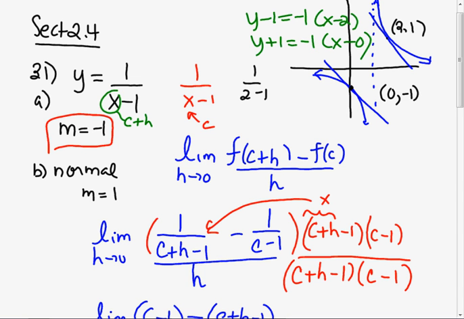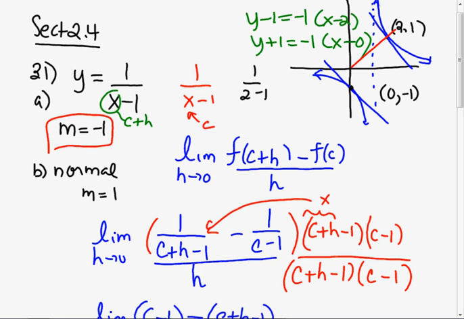Now, if they want the normal, I'm trying to understand if that's the normal, that slope of the normal is 1. It wasn't real clear to me when I read it. Find the equation of each normal to the curve that has a slope of 1. What's a normal? It's the perpendicular.